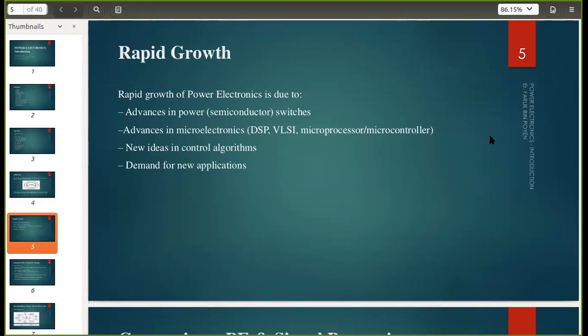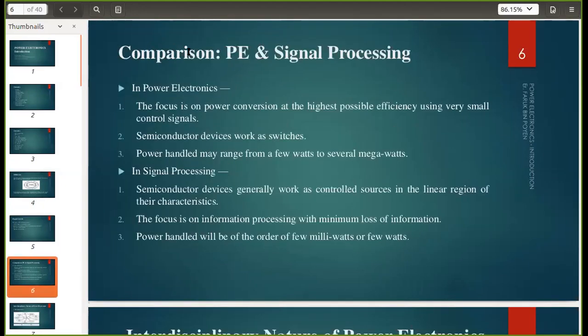If somebody demands an application, saying I want such and such devices, then I will study its fundamentals and the technologies, and how I can implement them in the proposed applications. So based on demand, I am trying to grow in the field of power electronics.